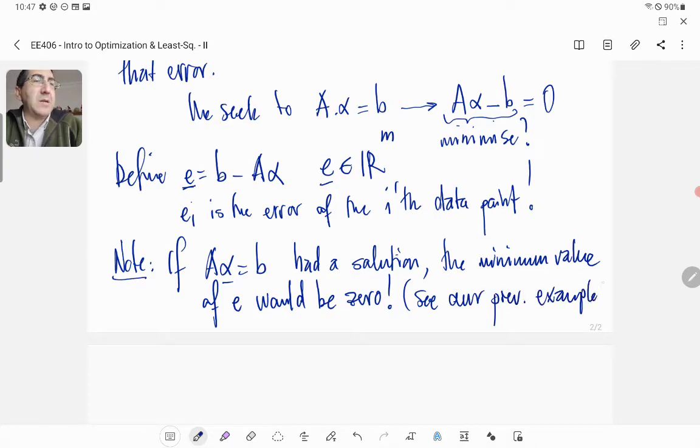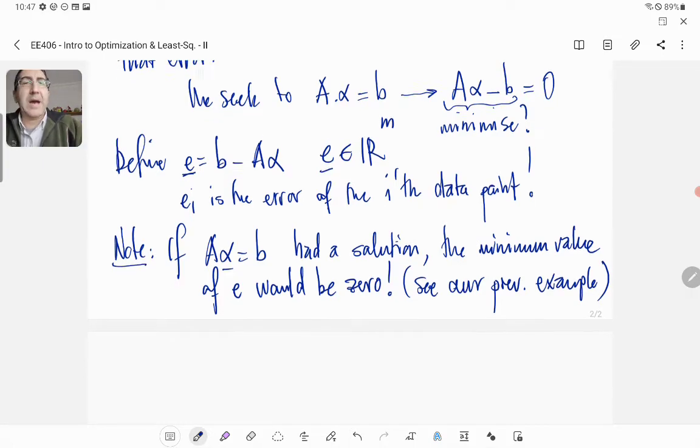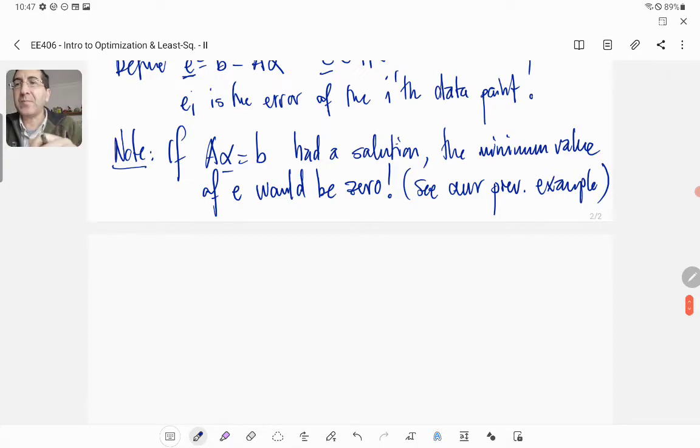That means the function actually passes through each one of the data points. This is only possible if, remember, the number of variables is equal to the number of data points.